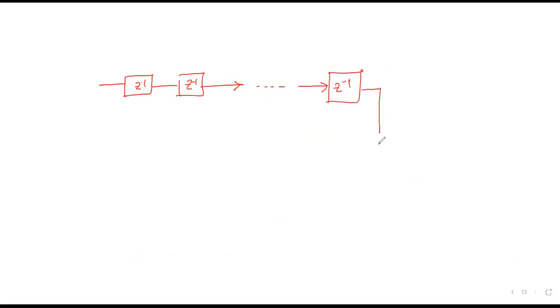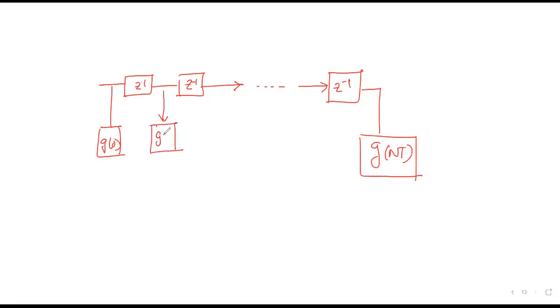We can implement this using a block diagram. So z inverse delays, going on up to the nth number of them, z to the minus n. The nth one will be multiplied with the g(n) magnitude or gain. The first one is multiplied with g0, the second one with g1, the third one with g2, and so on.